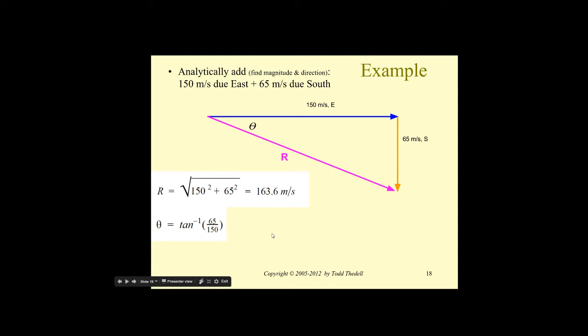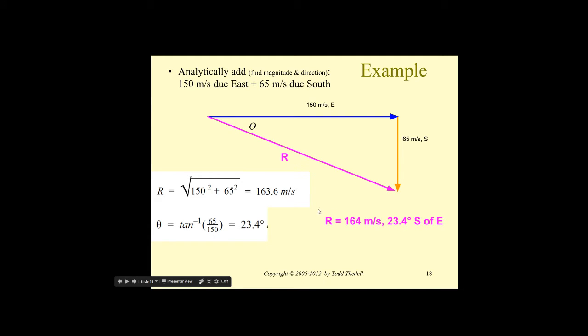Go ahead and do that, or pause the video while you do that. Then you should get 23.4 degrees for that. So that means that angle's there. Then I clearly state the answer as 164 meters per second at 23.4 degrees south of the east.